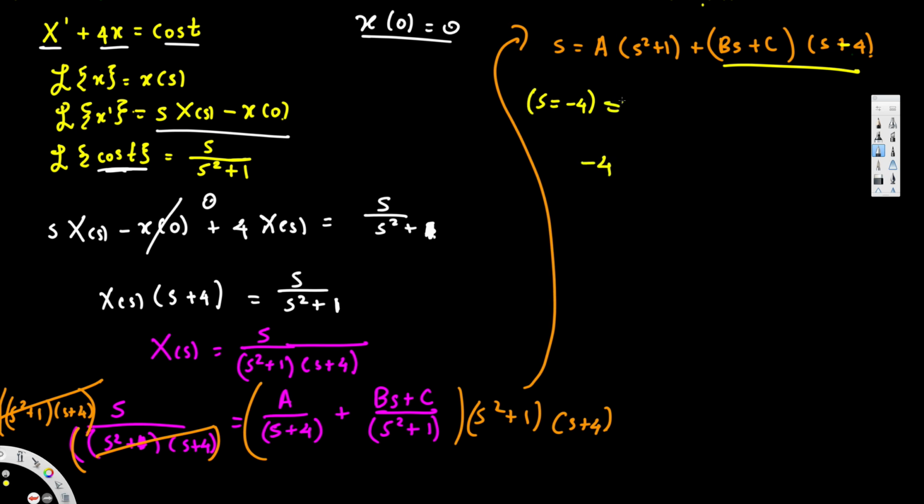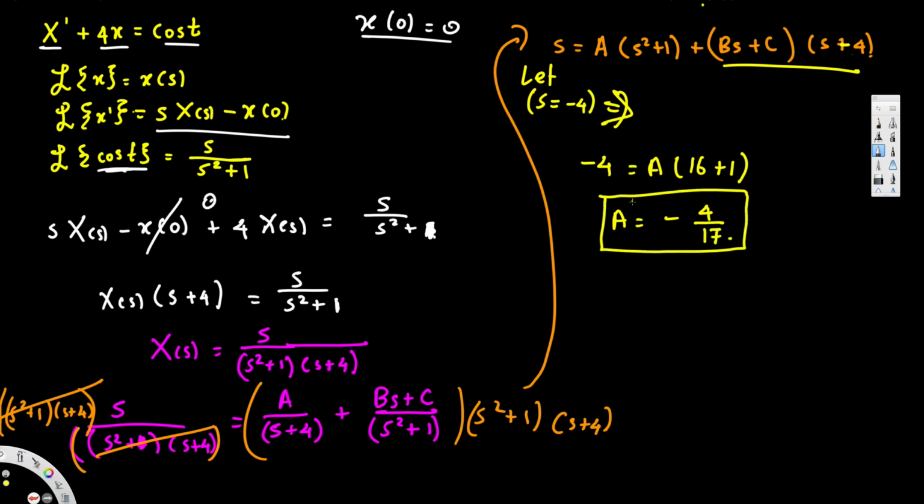If we substitute s equal to negative 4, we get negative 4 is equal to a times (negative 4) squared, that's 16, plus 1, and this whole thing becomes 0 because minus 4 plus 4 is 0, and 0 multiplied by this is just 0. So a is going to be negative 4 over 17, and this is our a value.